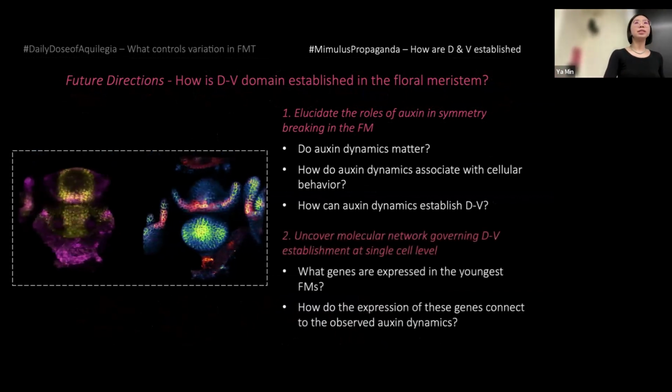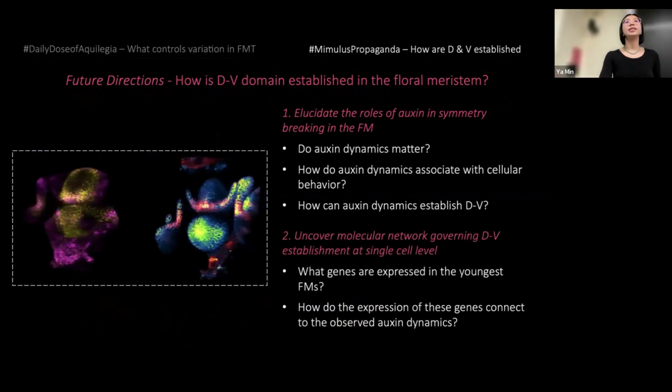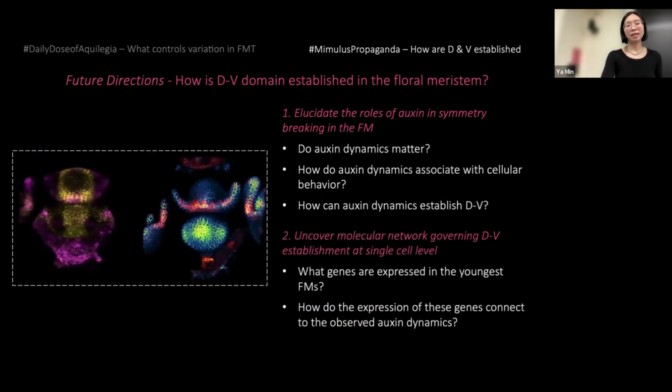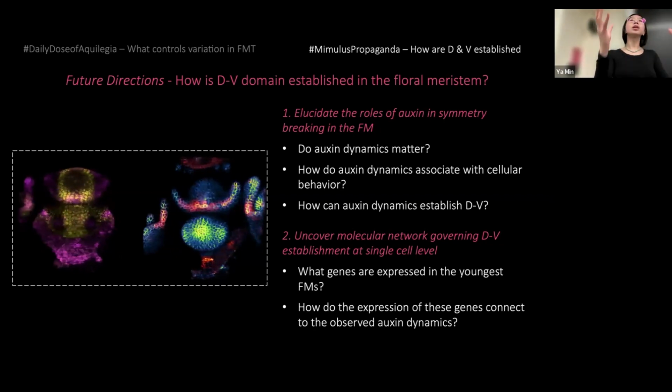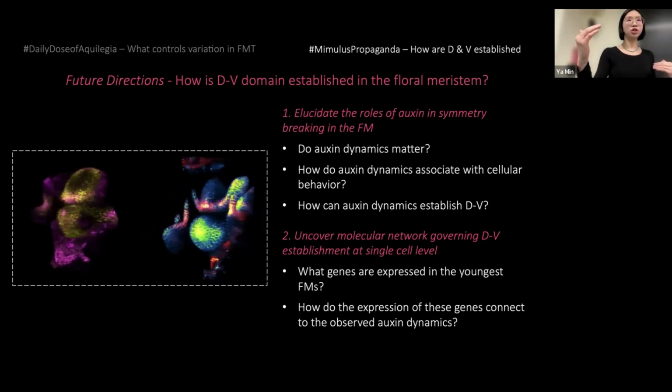We can also do more sequencing to find more genes and study their functions in the floral meristem. And at some point, maybe 10 years from now, we'll have a more complete view of how those cells can tell their position in the flower.